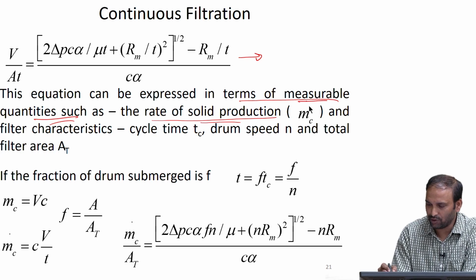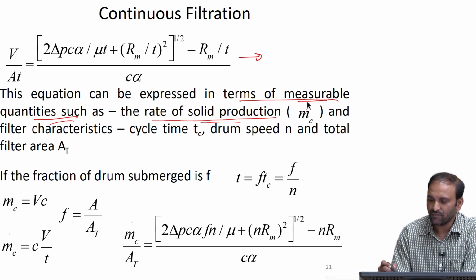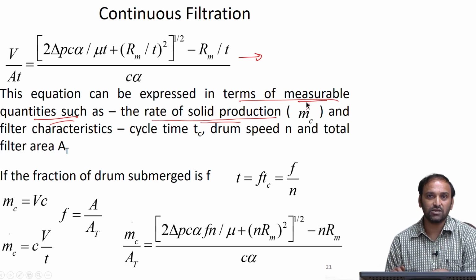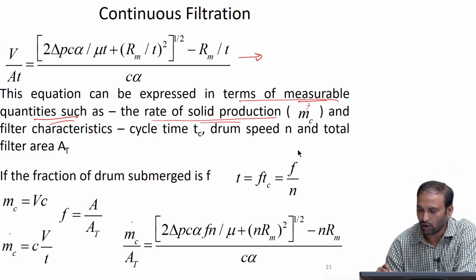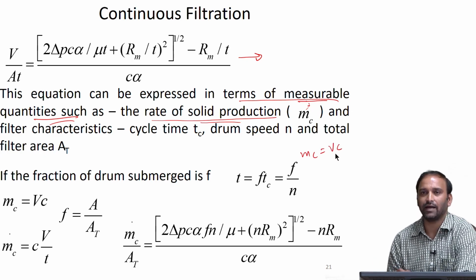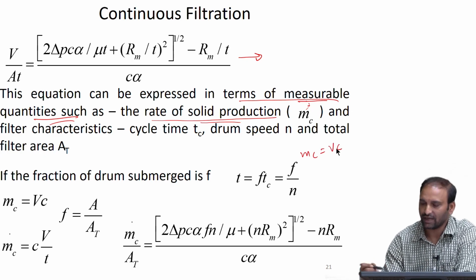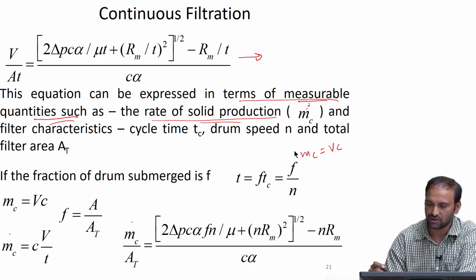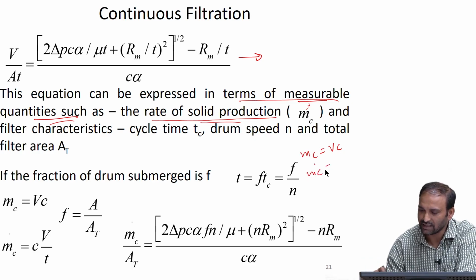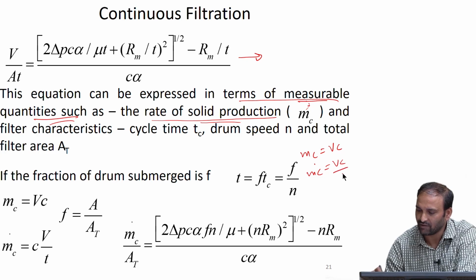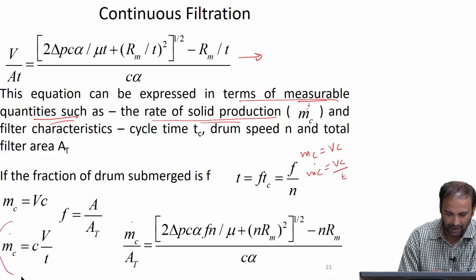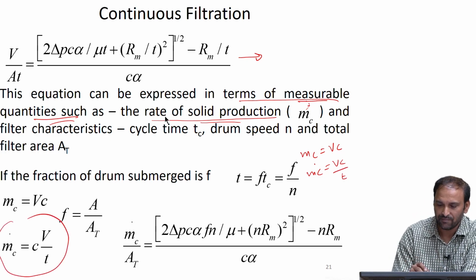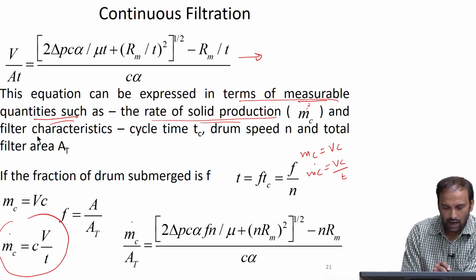So, m dot c is the rate at which, essentially we talked about m c being V times c, and if I want the rate of production of the solid, m dot c essentially becomes V times c divided by t, right, that is what I have here. So, I would like to express this in terms of the rate of solid production.